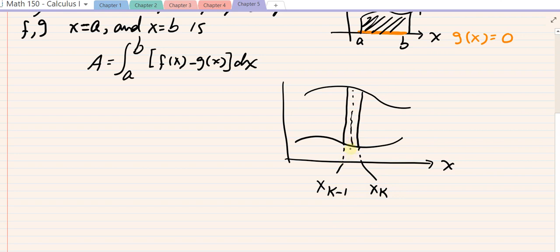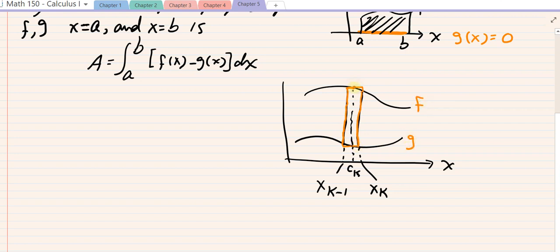And here, remember, we have c sub k, our evaluation point, which could be the right endpoint, left endpoint, midpoint, wherever that is. At that point, we construct a rectangle, and the area of this rectangle is what we're interested in. So this would be f, and this is g.